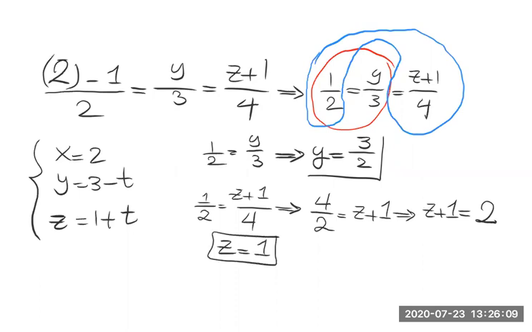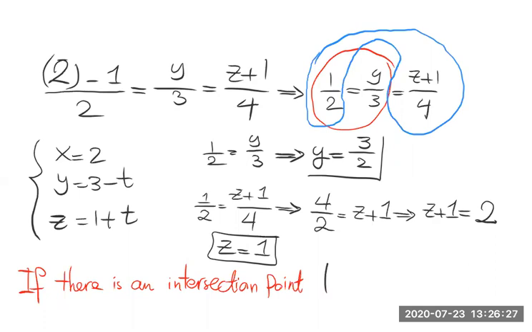So if there is an intersection point, we still don't know, but if there is, the intersection point should be this one. x is 2, y is 3 over 2, and z is 1. But is it really a valid intersection point?